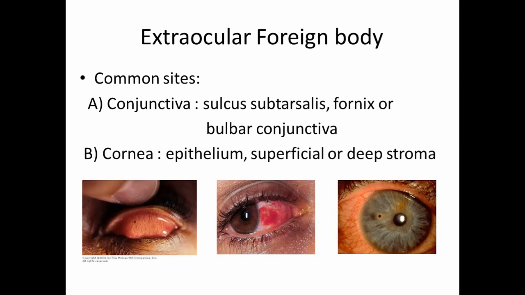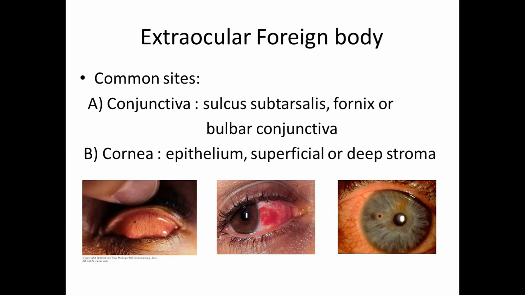Before we go into blunt trauma, there is another concept of an extraocular foreign body which we need to know. What exactly is an extraocular foreign body? Like you have an intraocular foreign body where the foreign body penetrates the eye wall and enters the eye, sometimes some common foreign bodies can be lodged somewhere on the surface of the eye itself. So these are what we call extraocular foreign bodies.